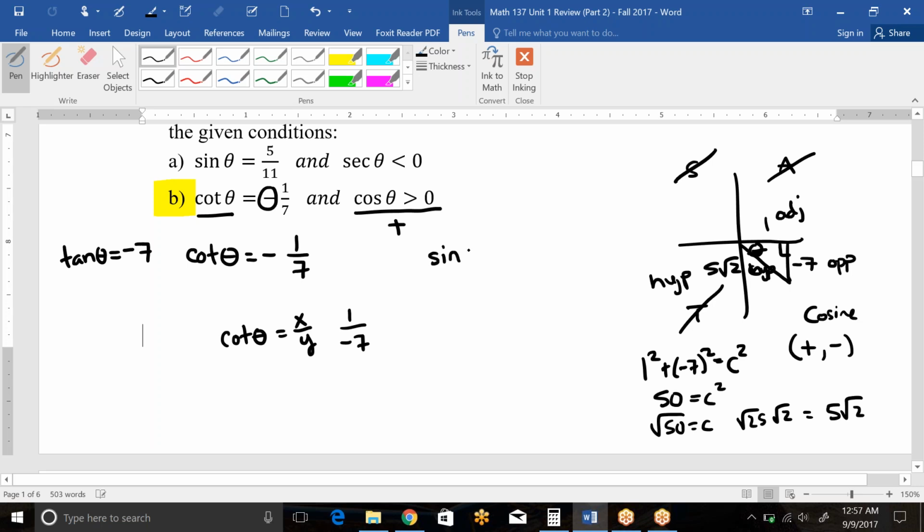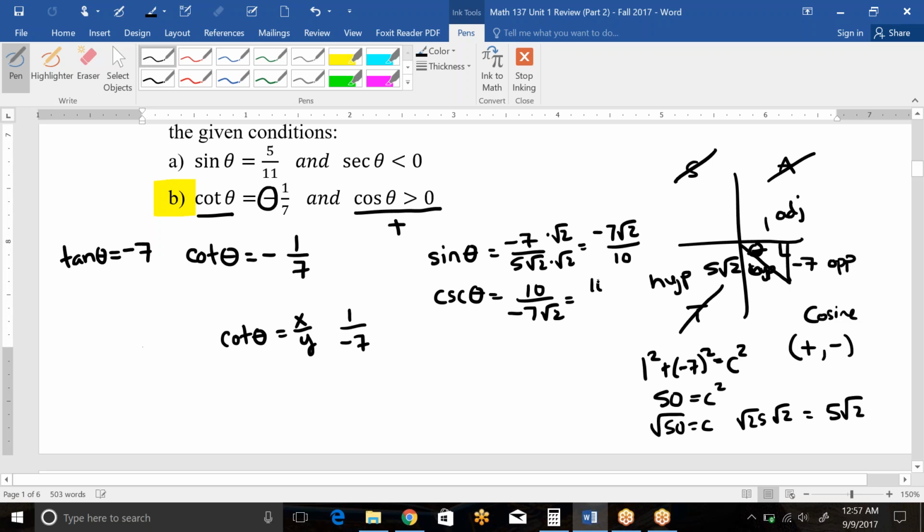So sine is going to be opposite over hyp, so that's -7 over 5 square root of 2. We'll rationalize, so that is -7 square root of 2 over 5 times 2, so that's going to be 10. Then we would do cosecant from that, because that flips to 10 over -7 square root of 2.